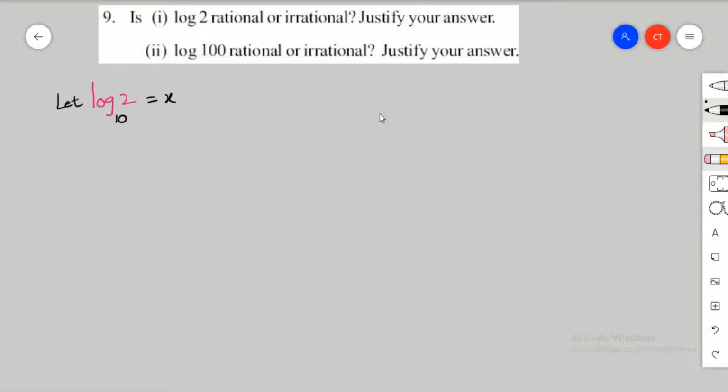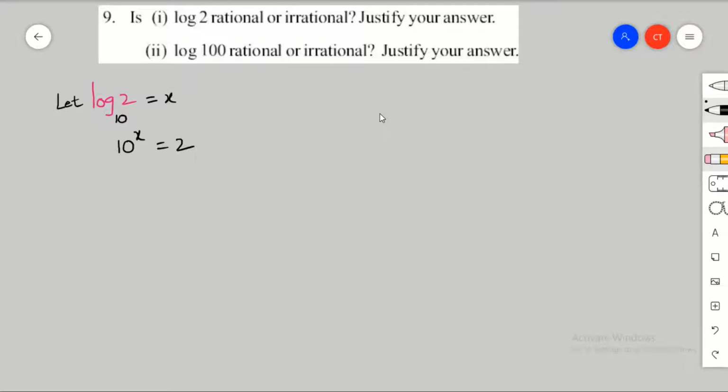Then we can write it as 10 power x is equal to 2 in a very simple way. So here, whatever the value we take in place of this x, that should be equal to the right hand side.